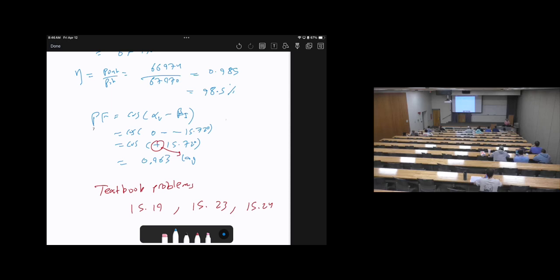Now here I want you to notice something. Efficiency 98.5%, power factor 0.963. What's the relationship between these? What's the difference between power factor and efficiency?